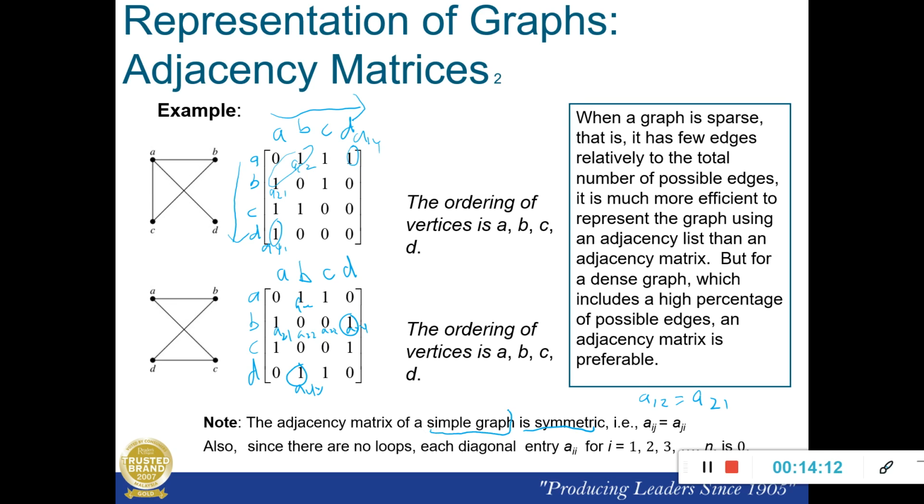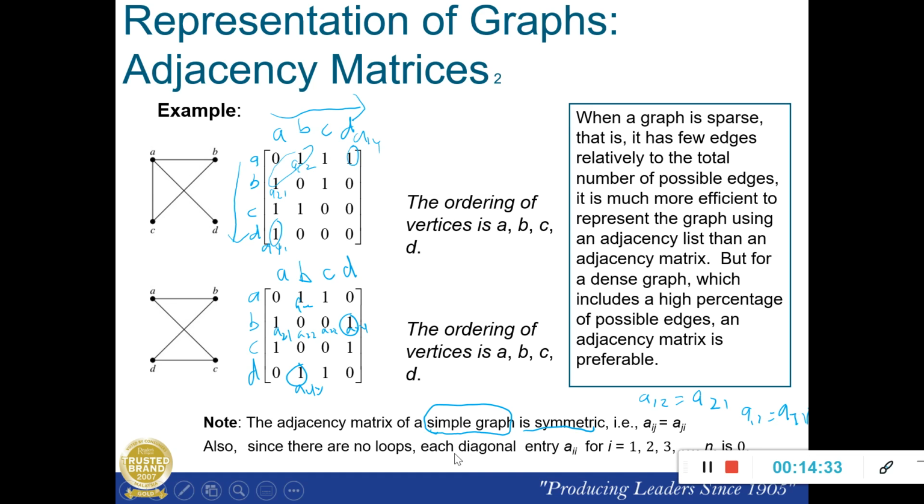Why a simple graph? It doesn't have multiple edges, doesn't have loops, and so on. So the adjacency matrix of a simple graph must be symmetric, which is a_ij equal to a_ji, meaning that a_12 is equal to a_21, a_13 equal to a_31, and so on.